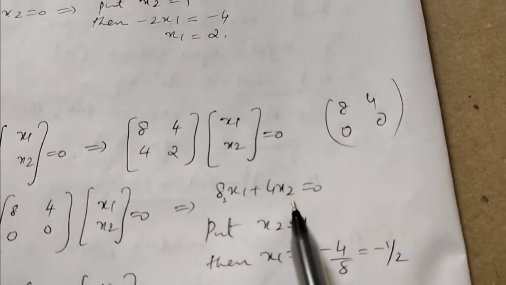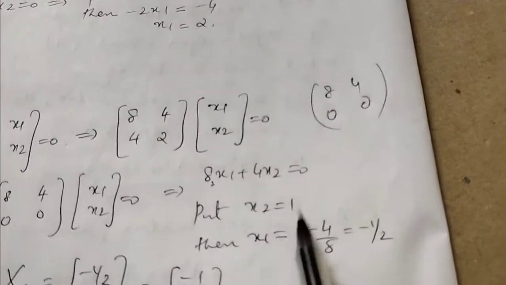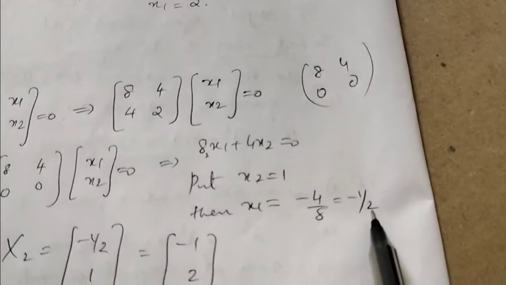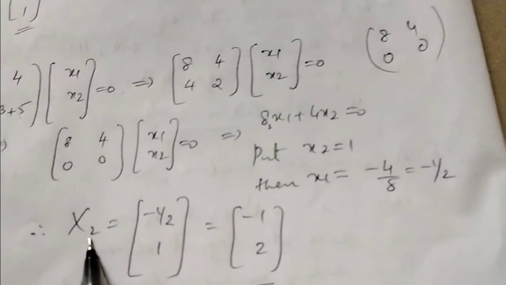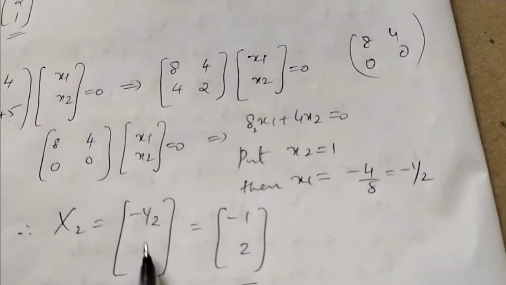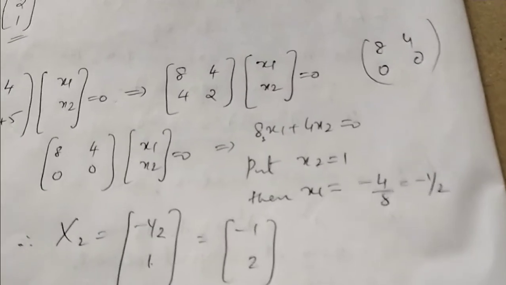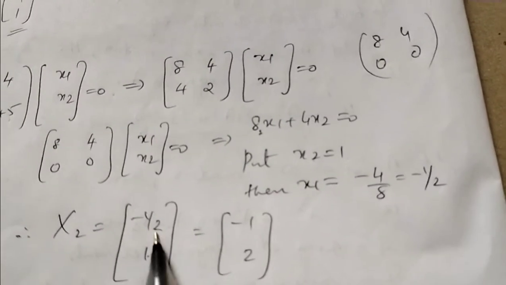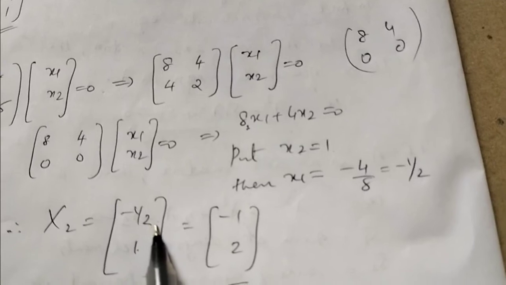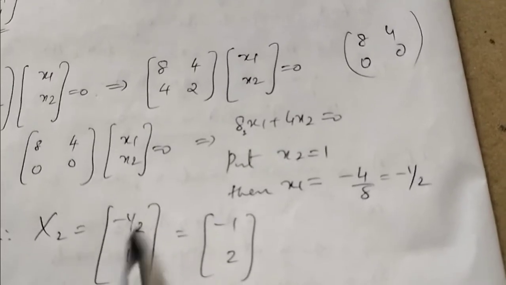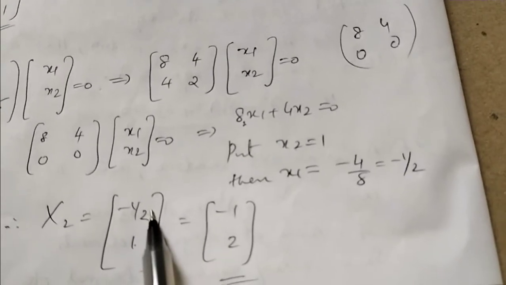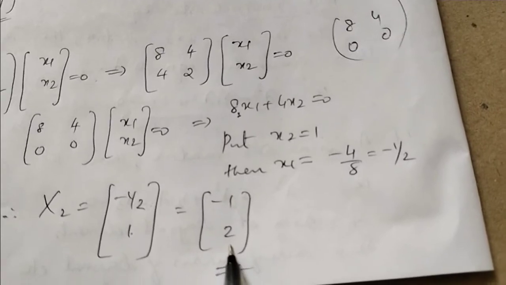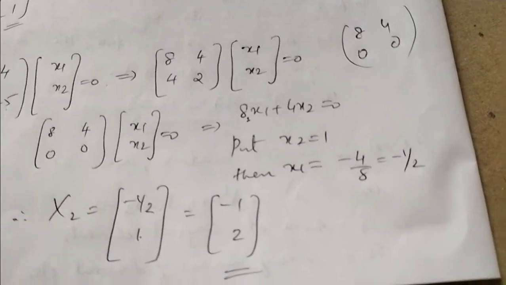So 8x1 + 4x2 = 0. Here also put x2 = 1, then x1 will be −1/2. So the second vector is x1 = −1/2, x2 = 1. There are an infinite number of solutions, infinite number of vectors, so there is no need to write a fraction. We can multiply both terms by the denominator 2, that is [−1, 2]. So these are the eigenvectors.